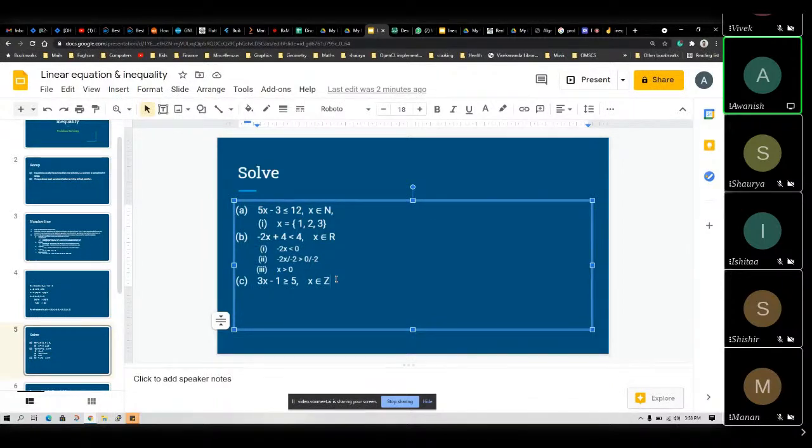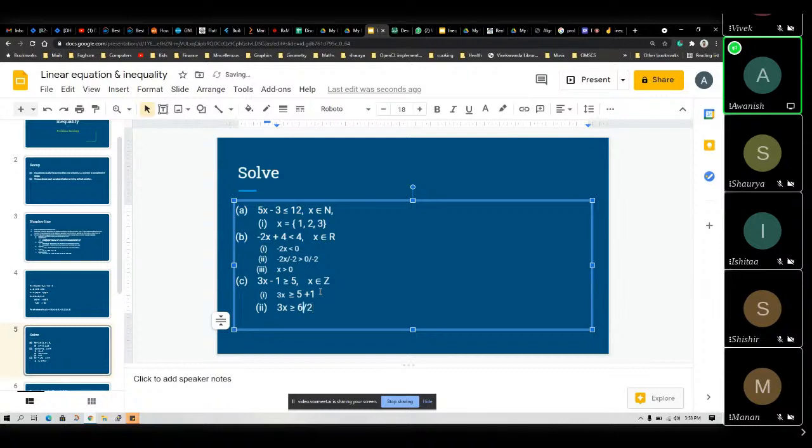Right. Okay, let's see. So it becomes 3x minus 1 greater than or equal to 5, and we can add plus 1 on both the sides. This will go away and it will become 3x greater than or equal to 6.